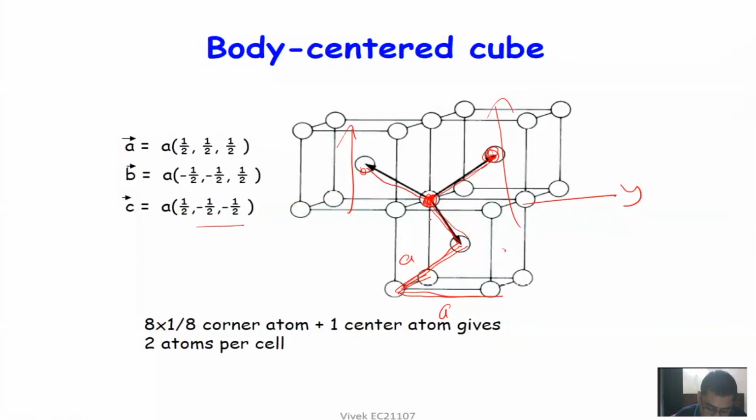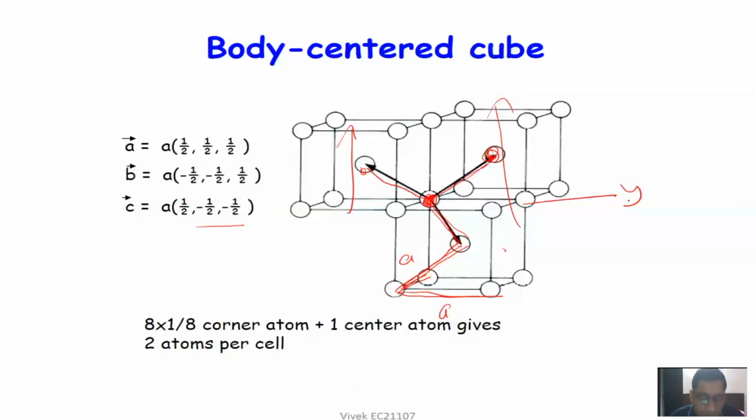So the third one will be x, minus y and minus z, right? These three are connecting to each other at the edges. Their faces are not touching. If you look at these three cells, their faces are not touching, only the edges are touching. It's like putting cubes along the edges. So these are a more symmetric choice, and their lengths are also equal.